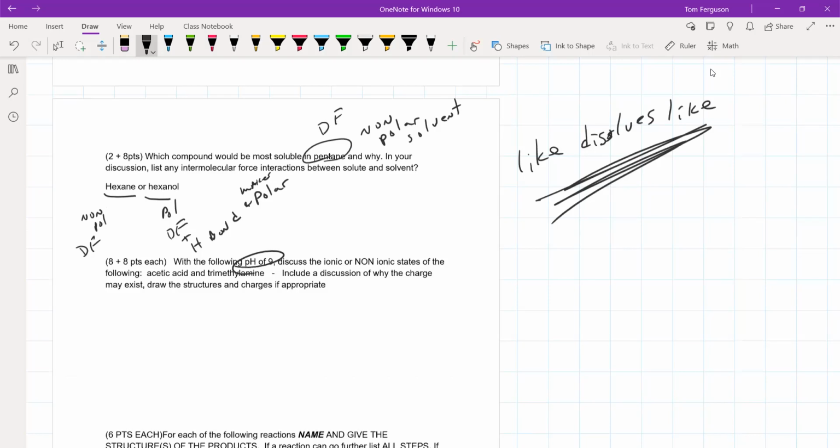Okay, we have a pH 9, that means it's alkaline. So the problem with this, it involves unit 3 because it's an amine. So I would not have this question on your test, but basically an acid like acetic acid, and we have a pH of 9.